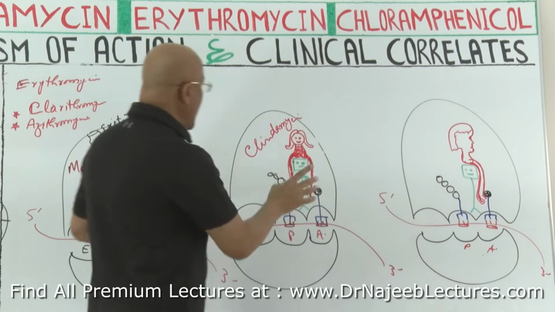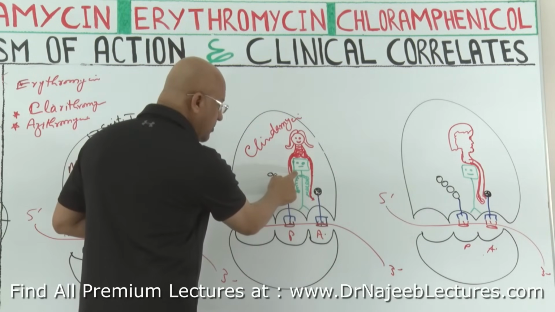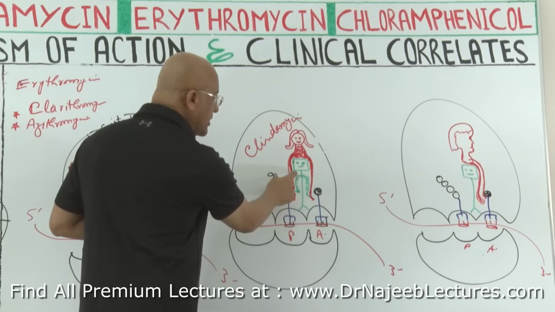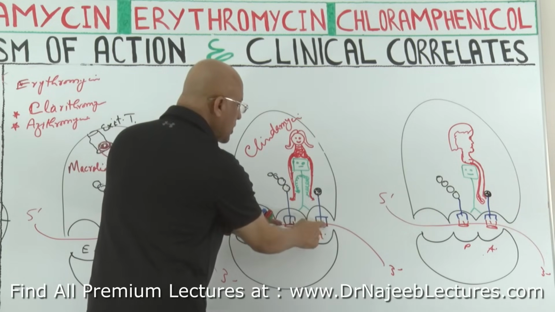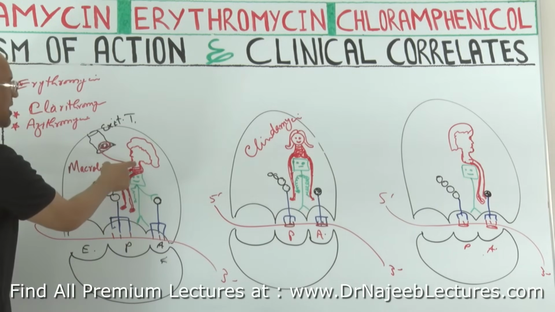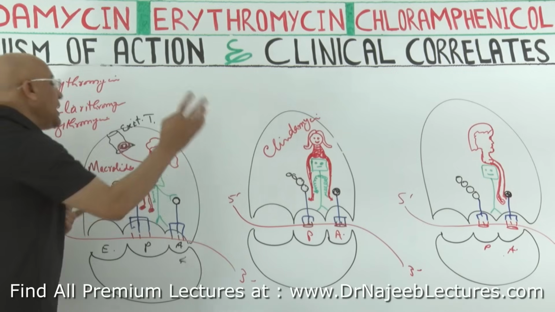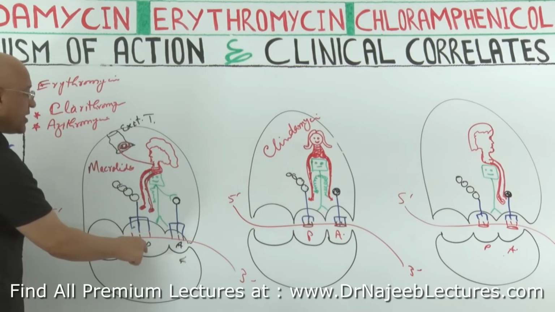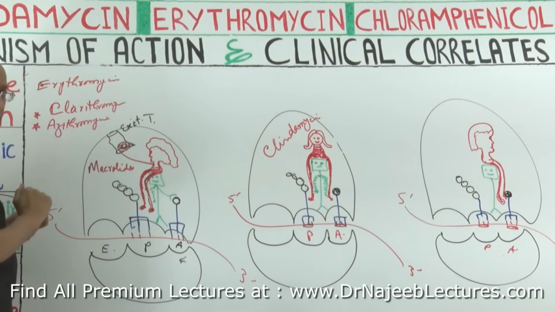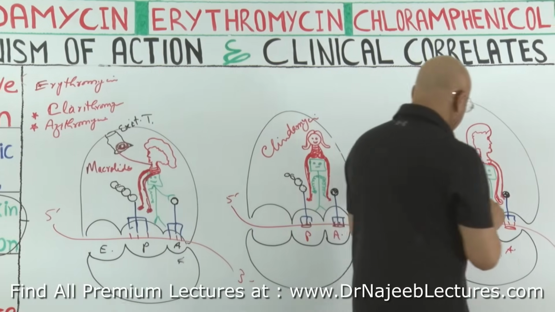We saw clindamycin also attached to the ribozyme or peptidyl transferase, but it disturbed both the A and P sites. Macrolides also bind with peptidyl transferase, but they mainly work on the P site and also on the exit tunnel. Right? Then what is this?